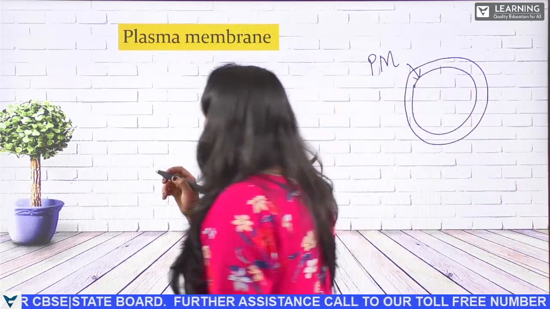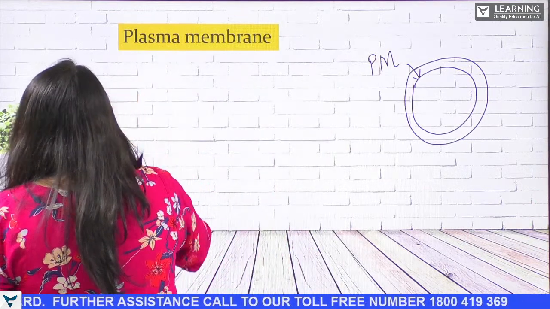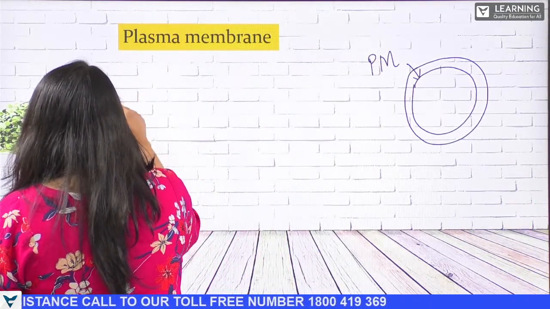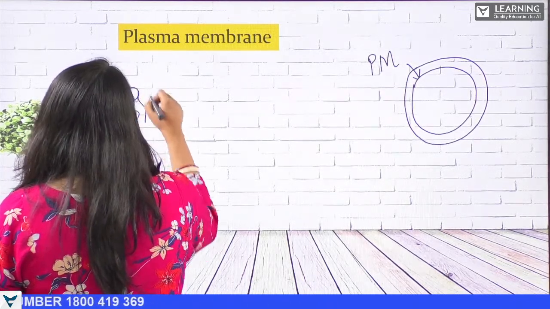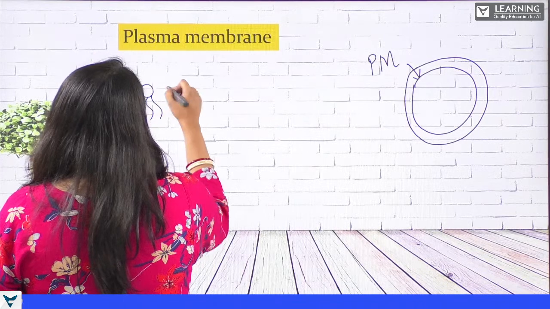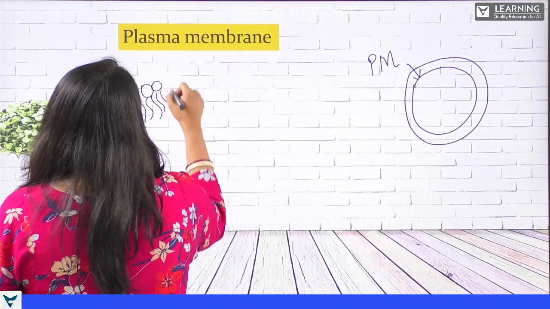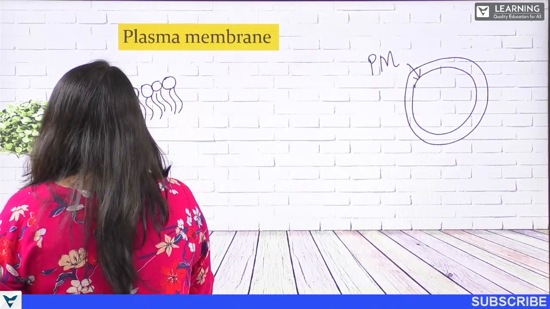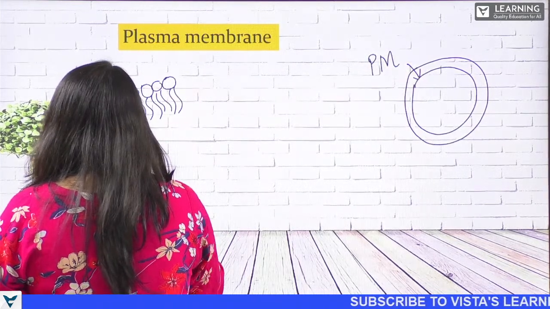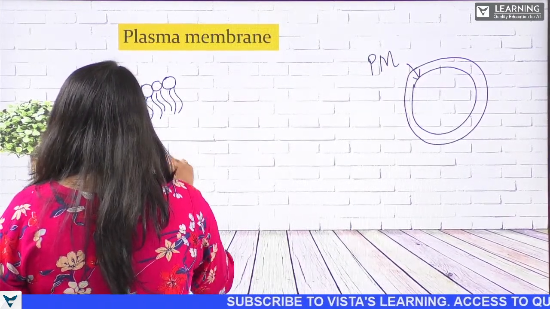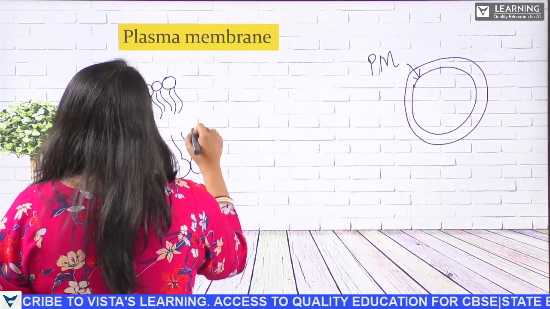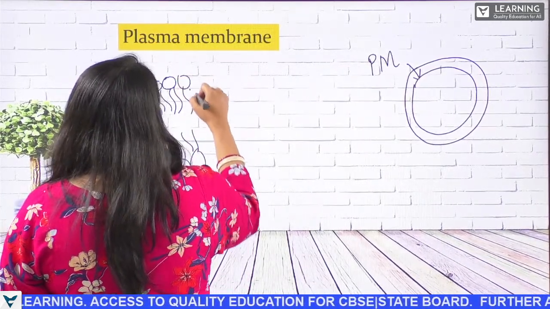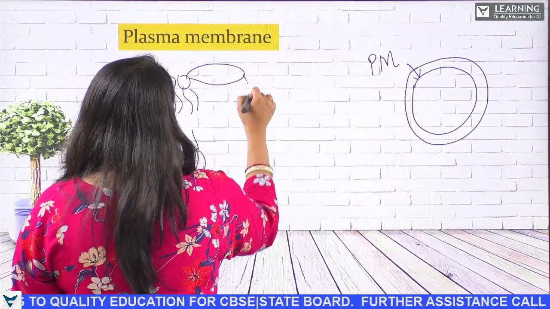Let us draw the structure of the plasma membrane. It has phosphate groups like this; these are lipids. These are hydrophobic tails. Here some carrier proteins will be there.